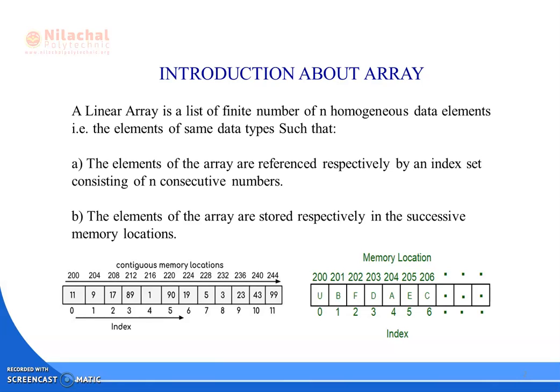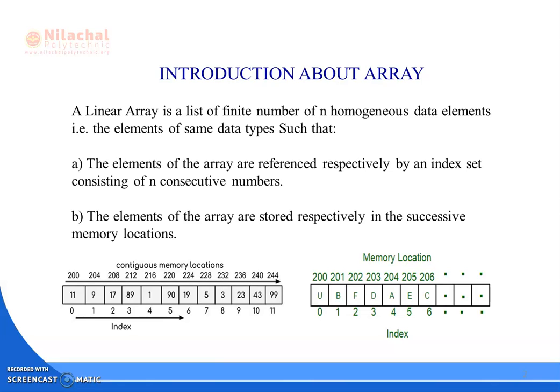So what is array? Array is a linear data structure. It is a non-primitive data structure. It is a list of finite numbers of n homogeneous data elements. If there are n number of elements, we can say the size of the array is n.